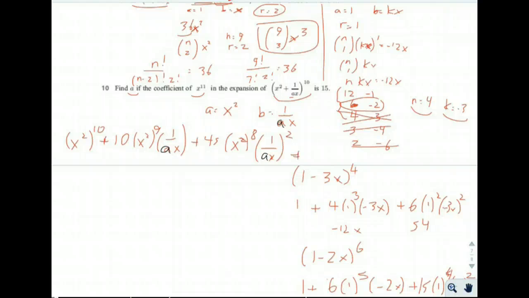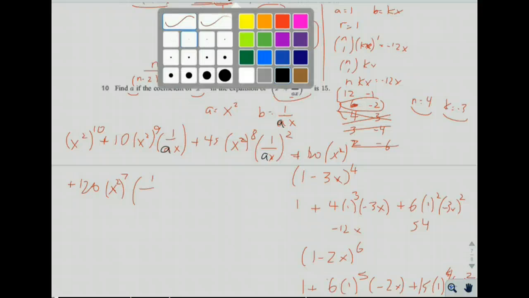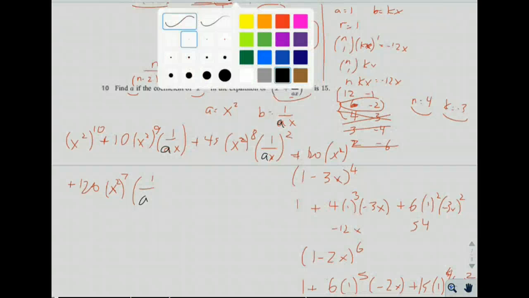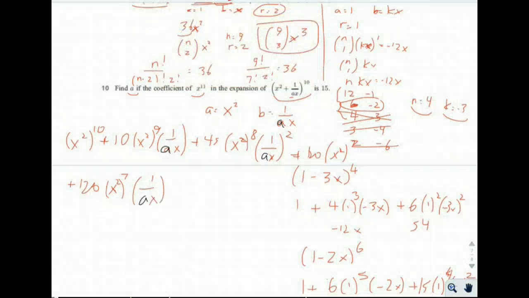The next term would be 120, according to Pascal's triangle. X squared to the 7th. I'm going to write it down here. 120 x squared to the 7th, 1 over a to the x to the 3rd.